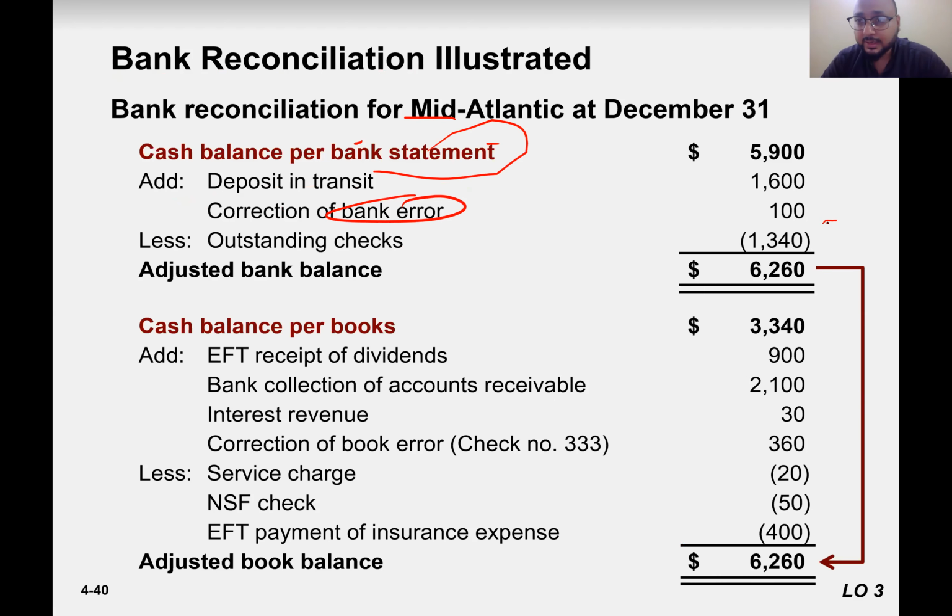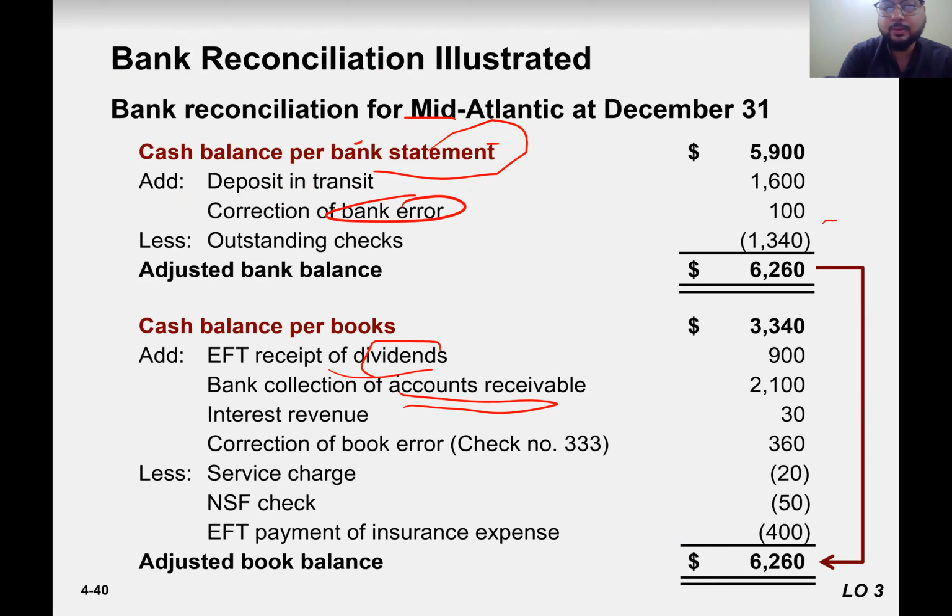On the cash side, cash balance, all the receipts that you allow banks to collect on your behalf, interest revenue, customers paid you, or dividend you received, you allocated the responsibilities of the bank to receive on our behalf. So all the cash that is received by the bank, right, should be added to your cash books.